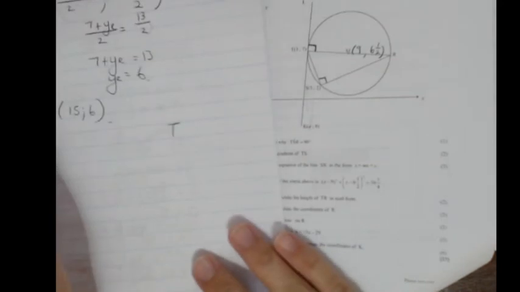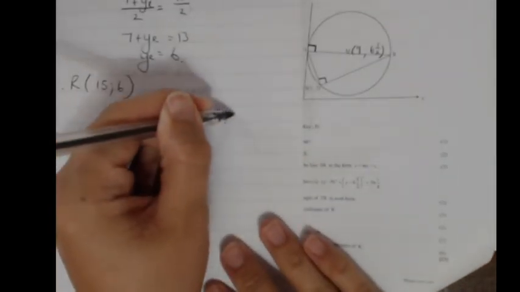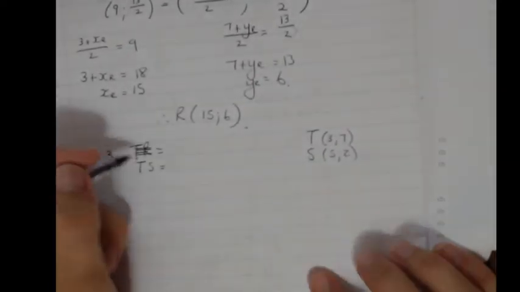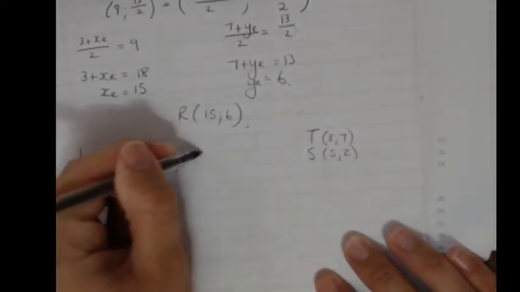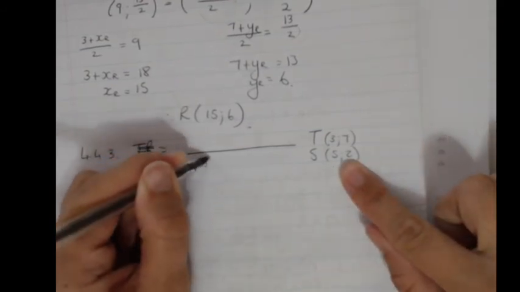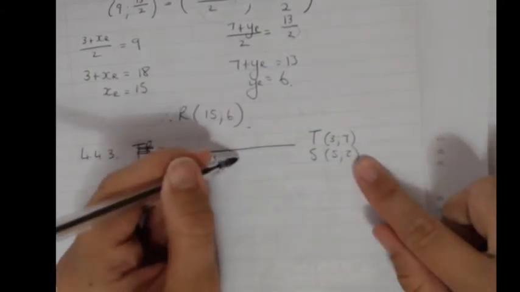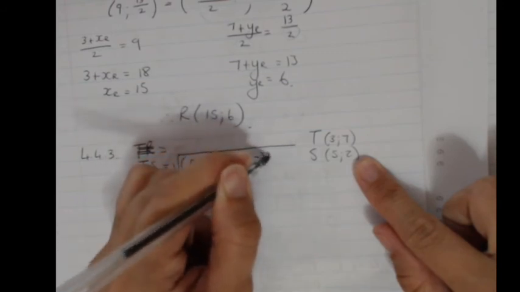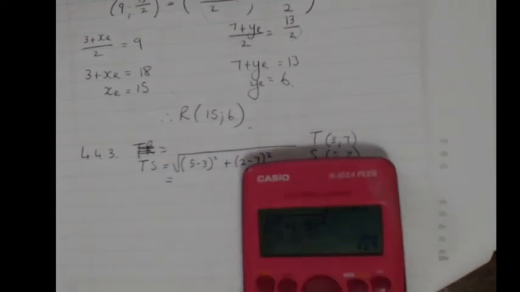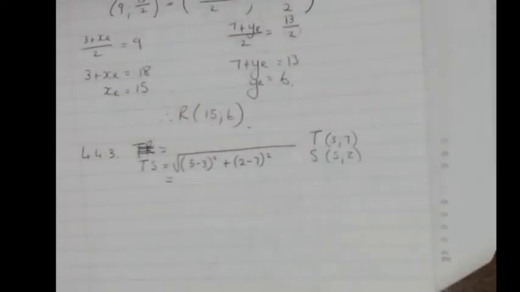So T is (3, 7) and S is (5, 2), and I'm going to use the distance formula: the square root of the difference in x, 5 minus 3, squared, plus the difference in y, 2 minus 7, squared, and I can just use my calculator there. The square root of 5 minus 3 is 2, squared, plus negative 5 squared, and that gives me root 29.